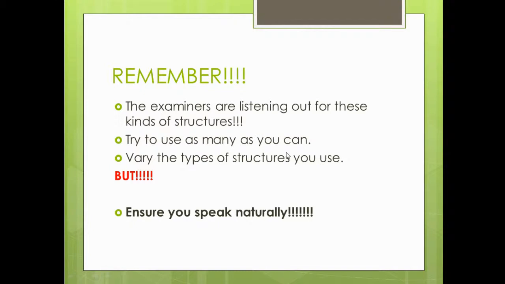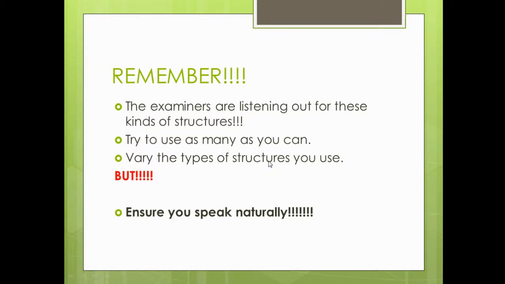Okay, and just one final point, very quickly. Please remember that the examiners are listening out for these types of structures. So try to use as many as you can, but please remember also to vary the types of structures you use.